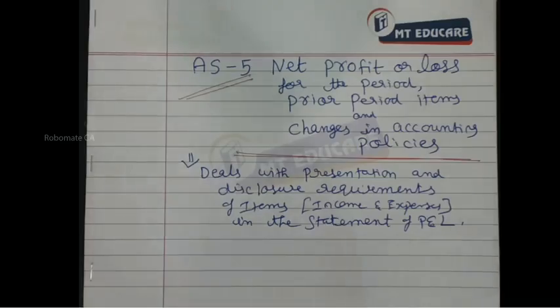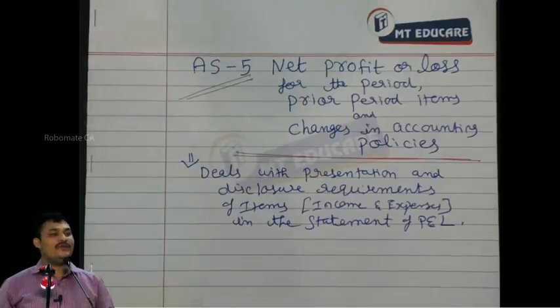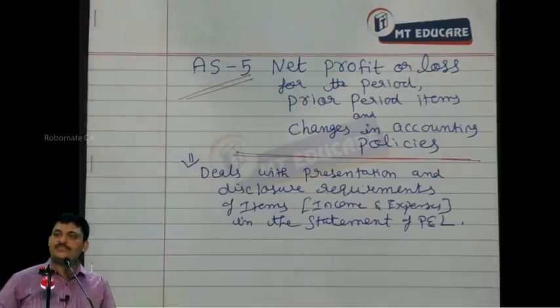So before that, some regulation was there for P&L only through AS5. AS5 required the incomes and expenses to be arranged in these groups at least. Understood? So it is just grouping of income and expenses in the P&L.